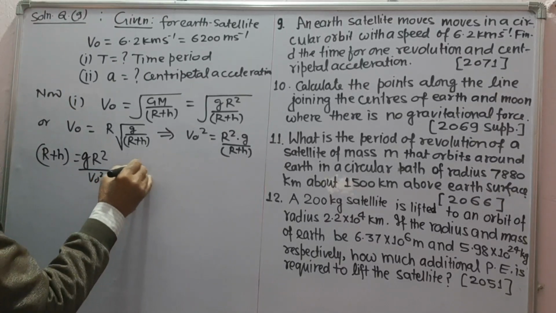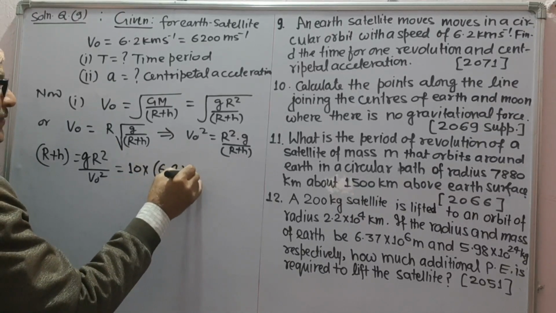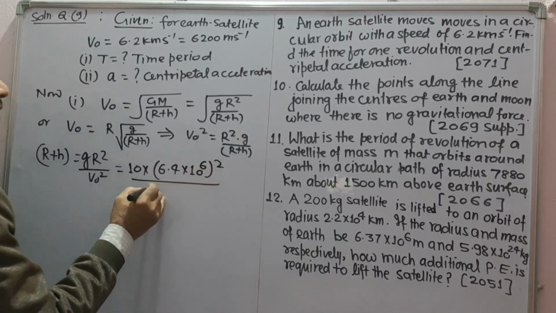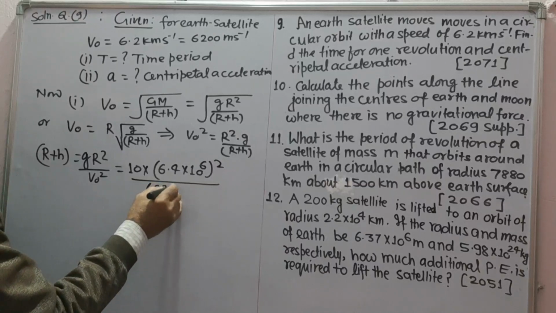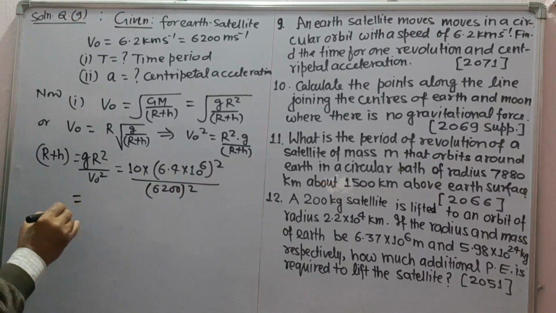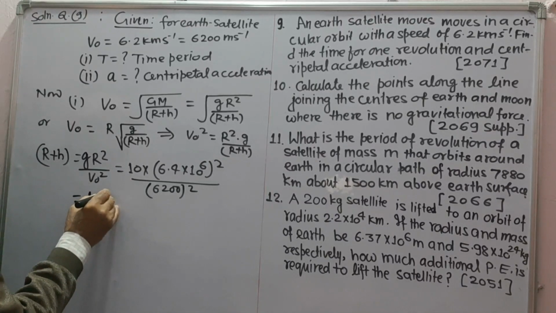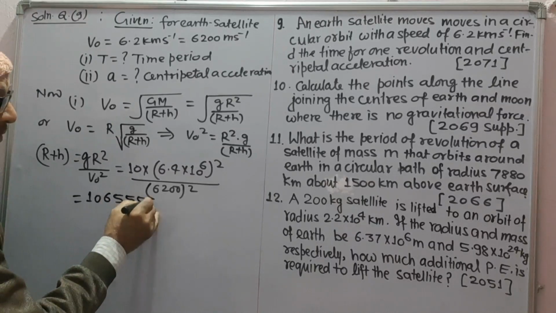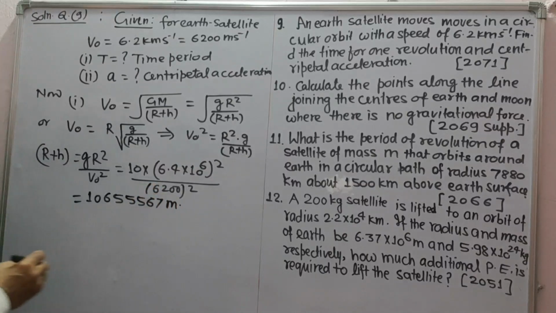Suppose g is 10, R is 6.4 into 10 to power 6, radius of Earth, square, and v naught is 6200 square, which gives R plus h as 10655567 meters.